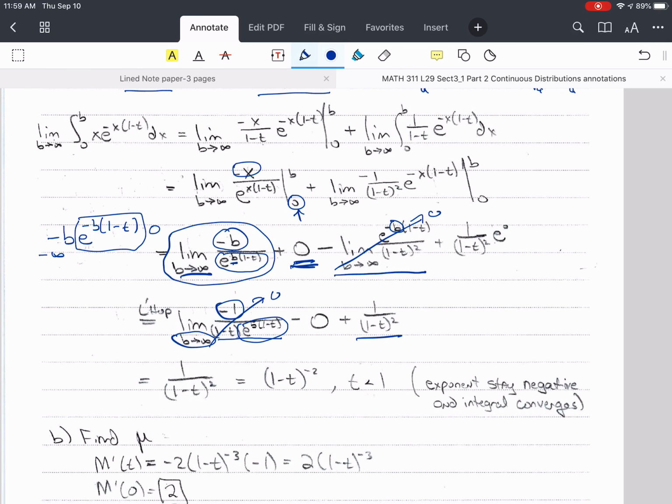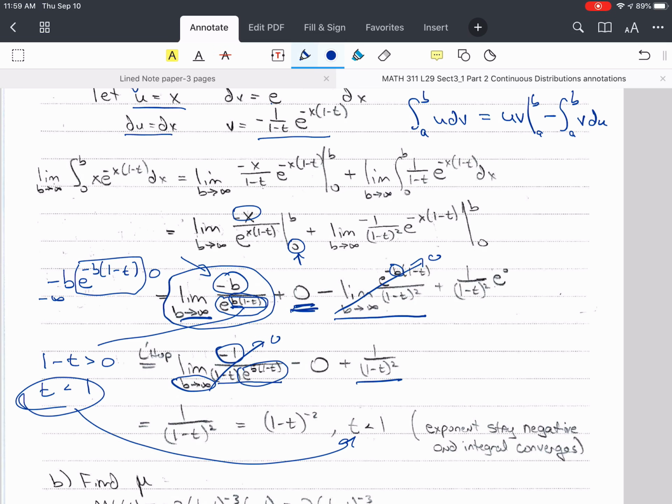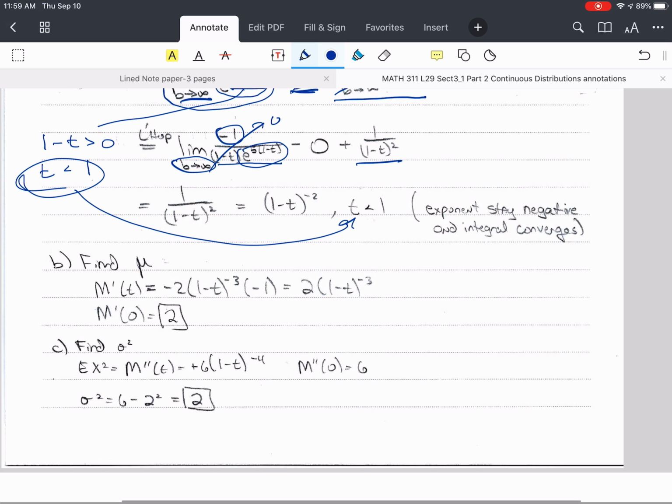And if you note, the only way that L'Hopital's works here is if this is a positive quantity on the bottom. And the only way that this exponent is a positive quantity is if 1 minus t is greater than 0, which means that t is less than 1, which is exactly what we have over here. So the integral converges.